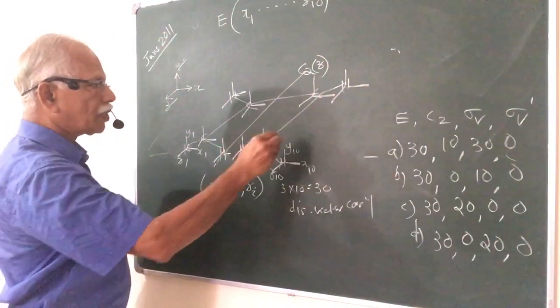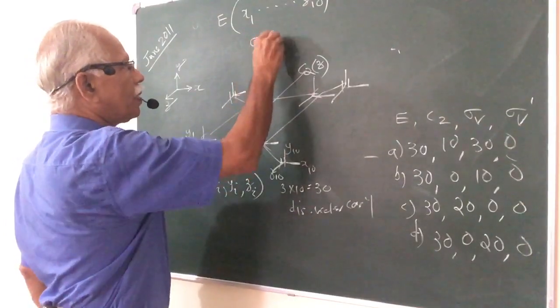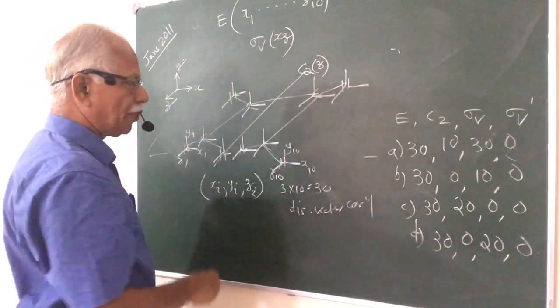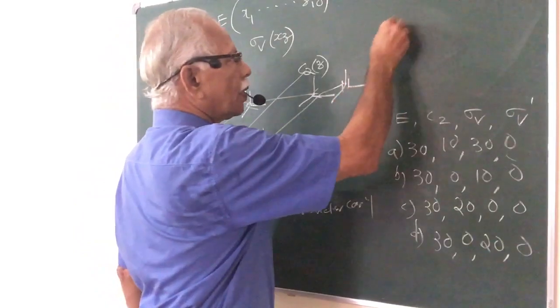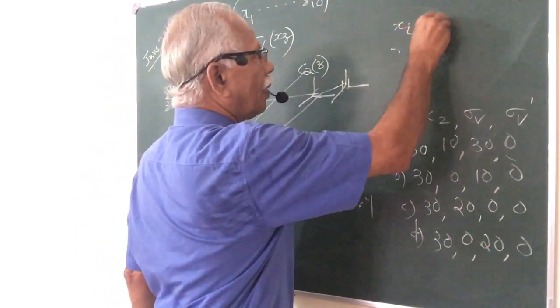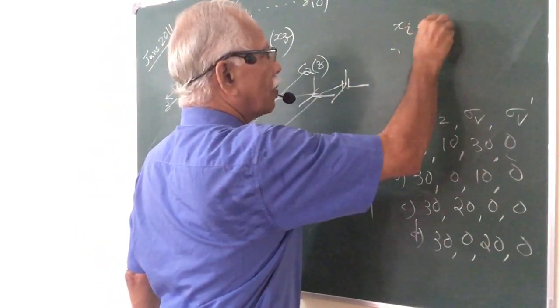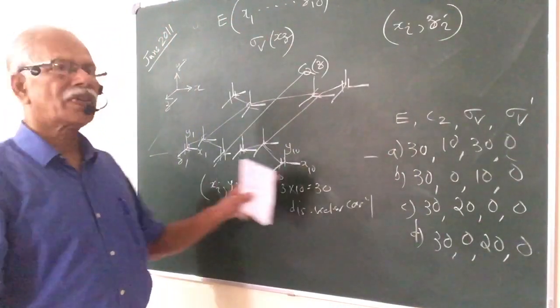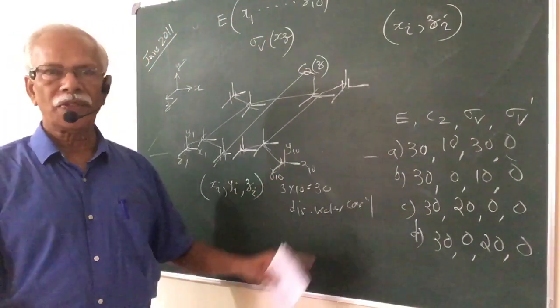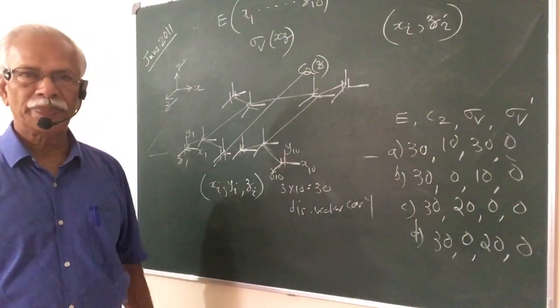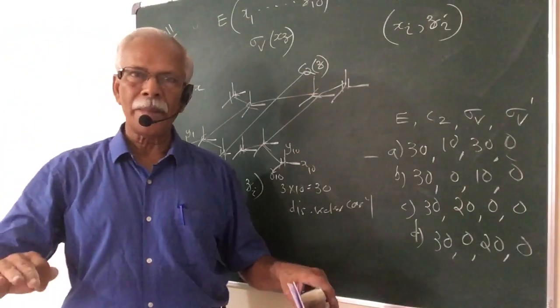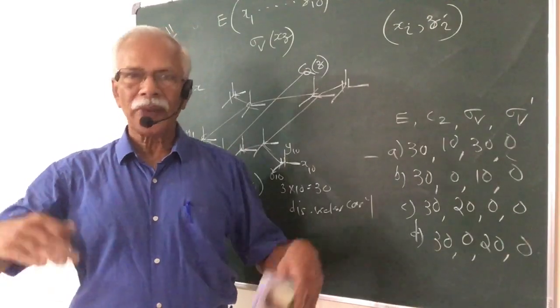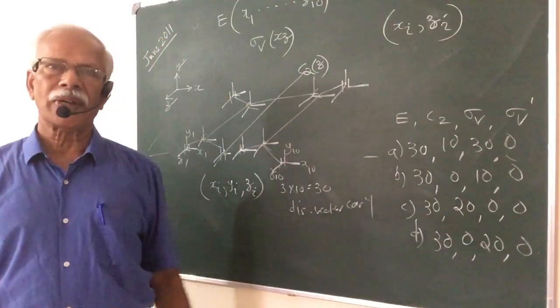Then there is reflection in sigma v, which is the xz plane. So all the x and z components, xi, zi of all the 10 atoms remain unshifted because they are lying in the plane. A vector component in a plane, by reflection in that plane, will not get shifted at all.